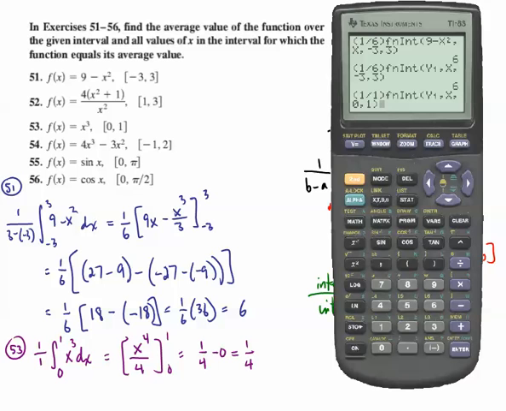And I do need to put our function into y1 equals here. So that's x to the third power. We need to delete that last character. And now we're ready to go. And so it tells me that that's 0.25, which is exactly what we had.